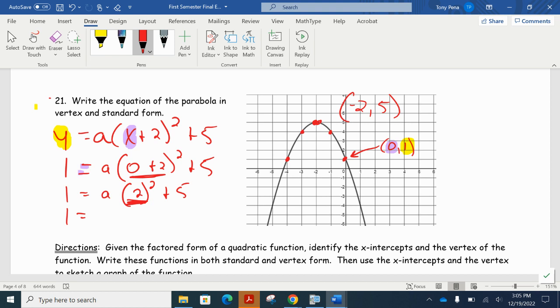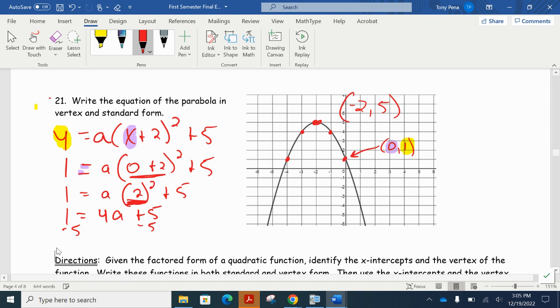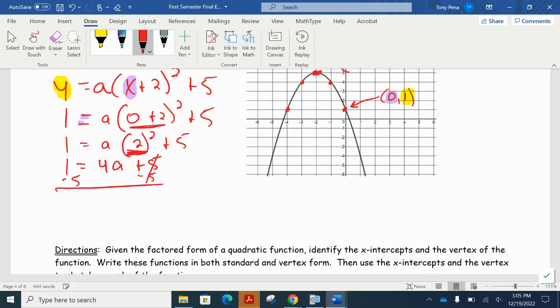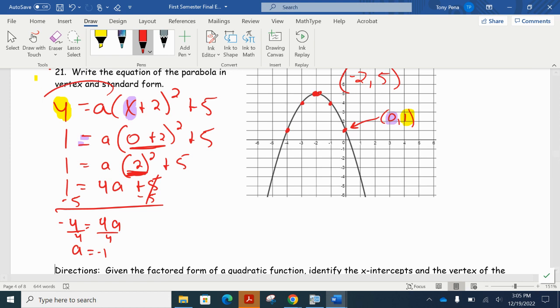So I'm going to get 4 times a plus 5. Subtract the 5 from both sides, and you're going to get 4a equals -4. Divide by 4, and your a should be -1. So now we can write this equation, replace it with -1, and then that's our equation for that parabola.